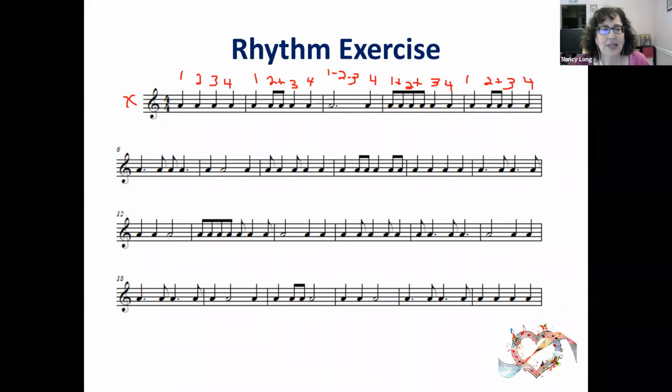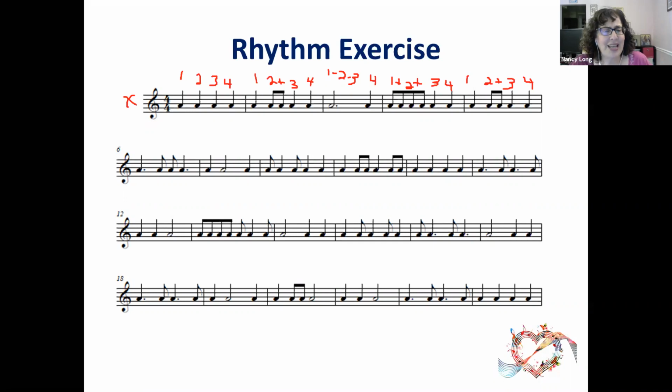Okay. That looks pretty good. I mean, you know how it is on Zoom. It's all a little bit disjointed, but how did it feel? Did you feel like you were getting it? I see some thumbs up. Good, good, good.